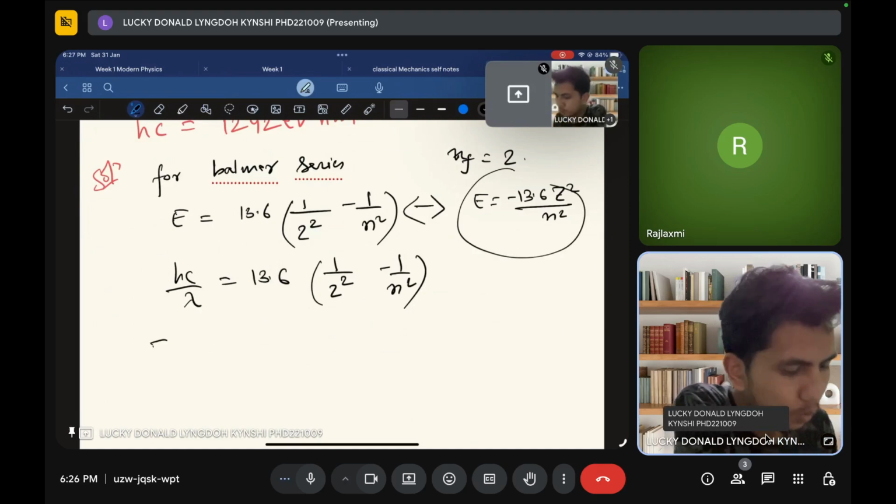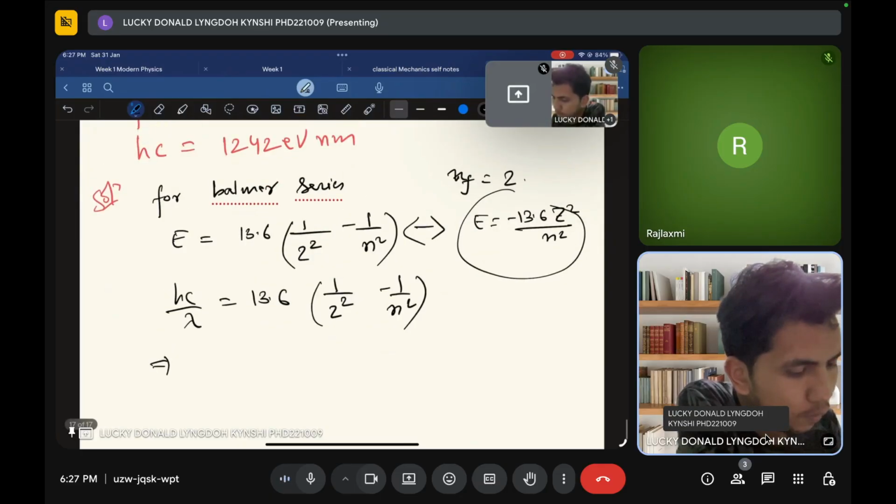Now you need to find out the first one. Because your final n is 2, for the first excited, n is equal to 3.